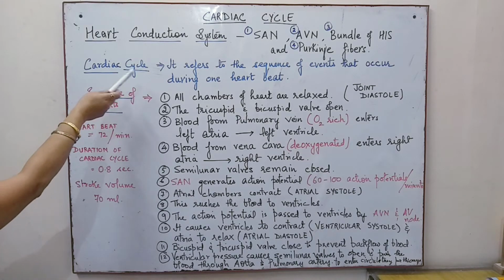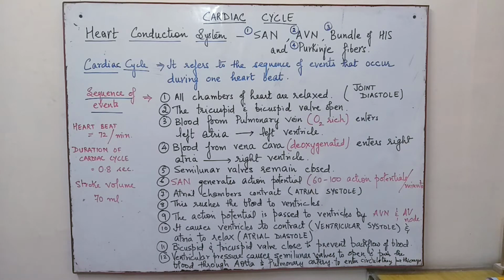Cardiac cycle refers to the sequence of events that take place during one heartbeat, and the heartbeat consists of systole and diastole.